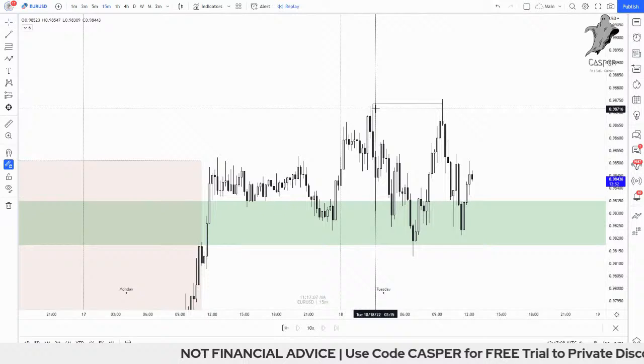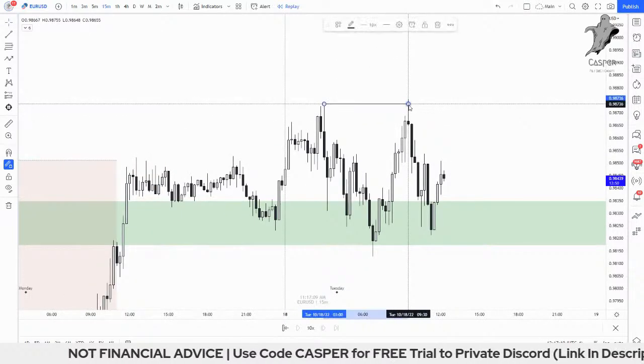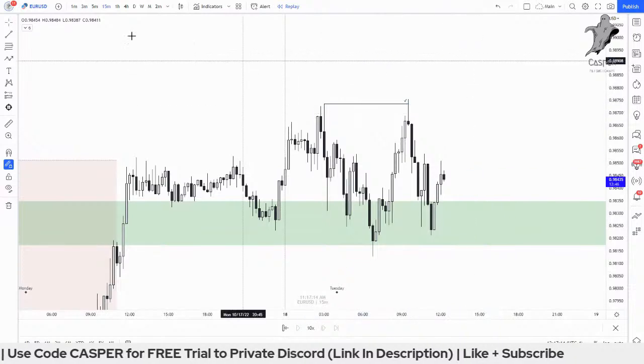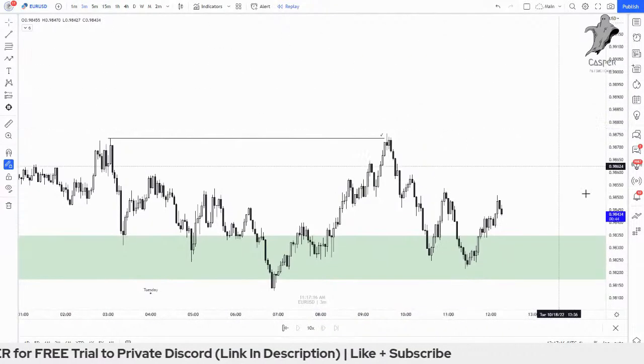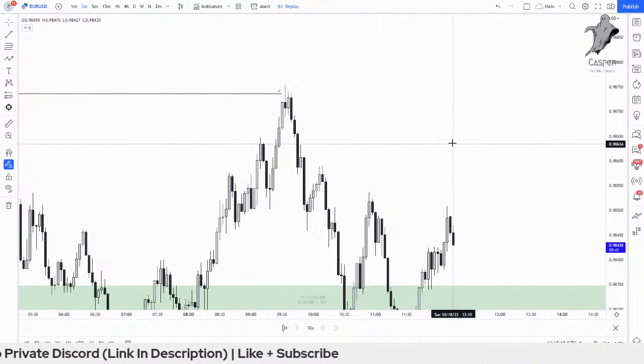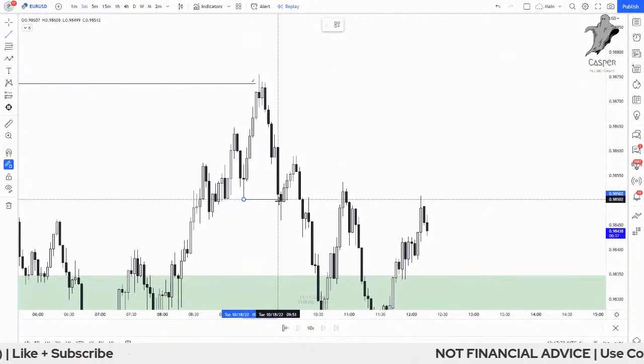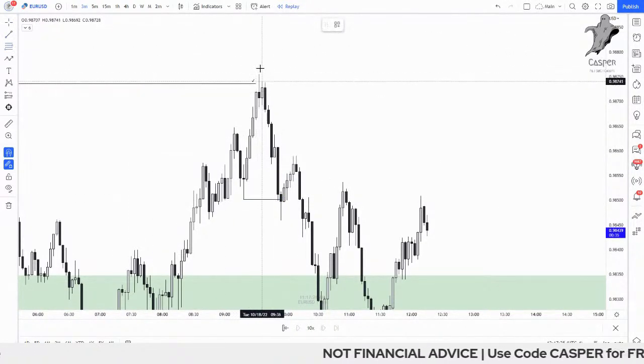Interesting. It took the London high, which would lead me to look at it as not the highest probability sell day. There's probably a nice opportunity off of that. I would have probably missed this one because it never moved back into a premium.